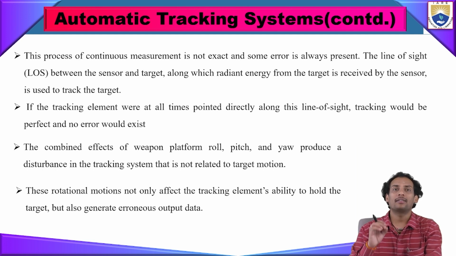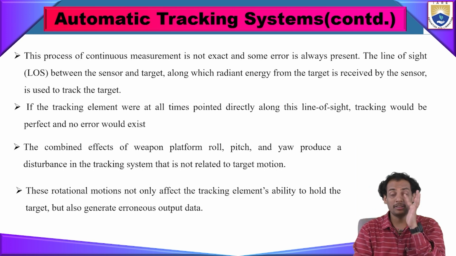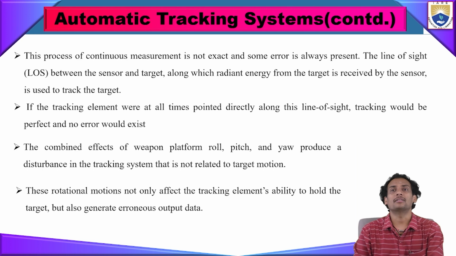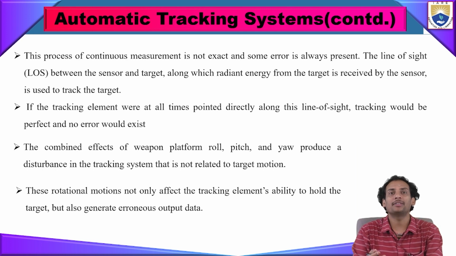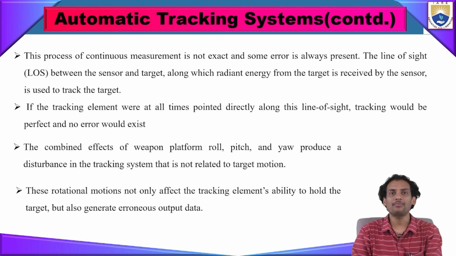Like that rotational movement, whenever a missile is rolling because it needs to avoid the way it is going, if it needs to change its path, that rotation motion also should be tracked by the system.